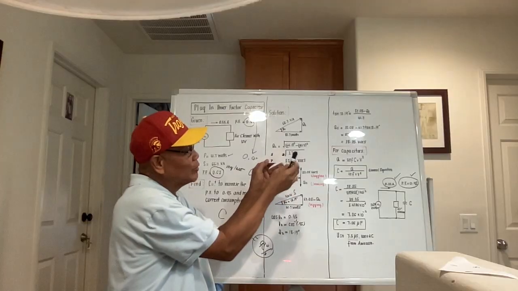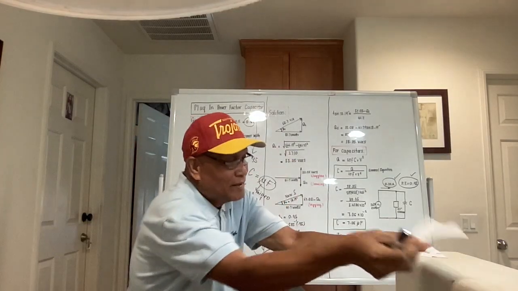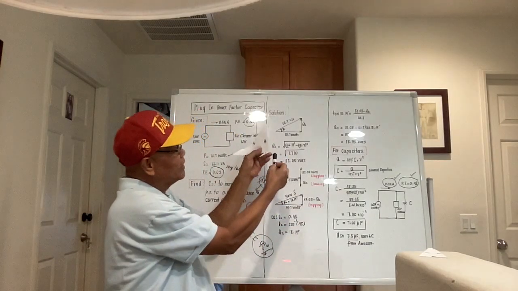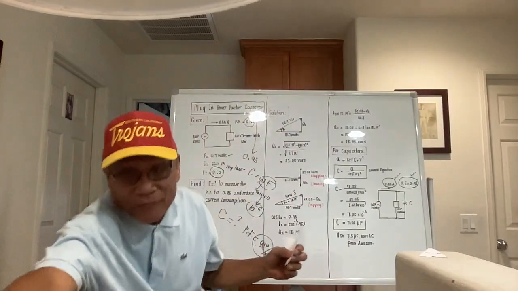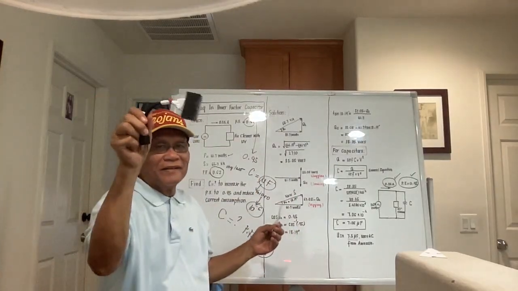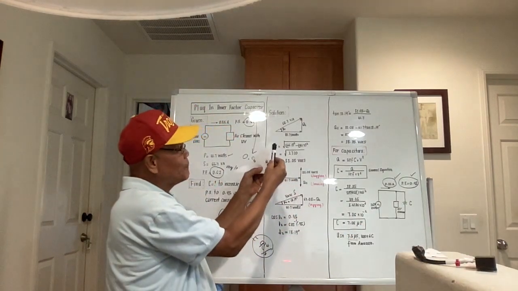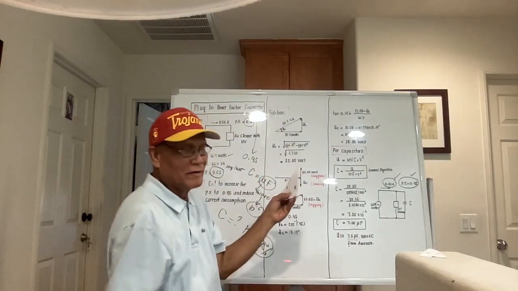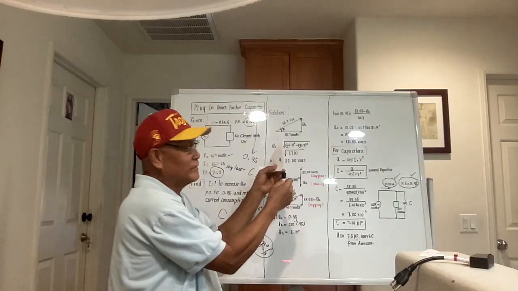So the way on how to lessen this one here is actually to place a capacitor. We must place a capacitor. Because for a motor load, this is upward. For a capacitor, this is downward.